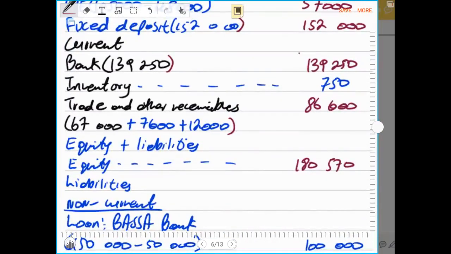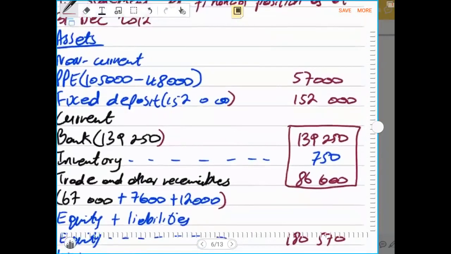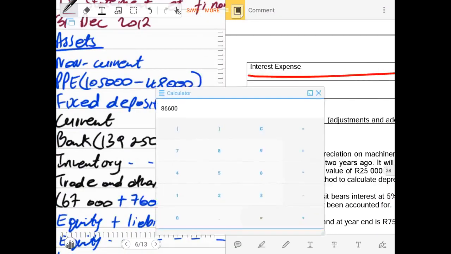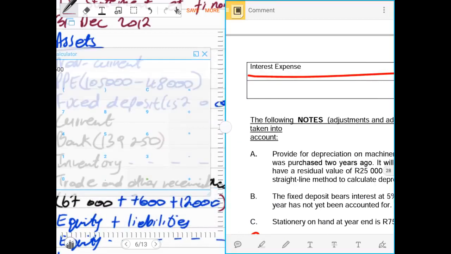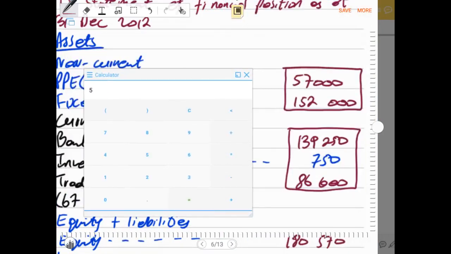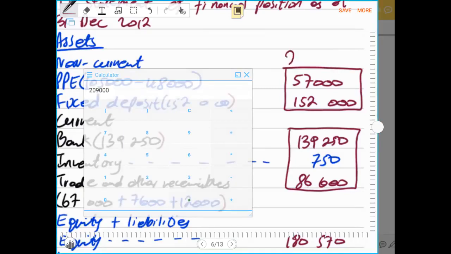Okay, let us first do the total of the assets, all of them, so that we prove that everything is balancing. So now we calculate that total, where we say 57,000 plus 152,000 rands. That gives us 209,000, which is our non-current. 209,000 rands.